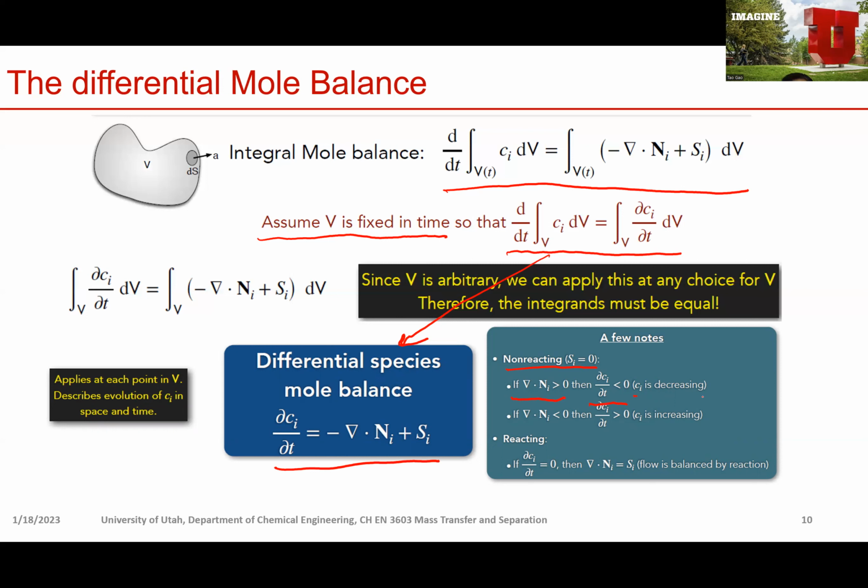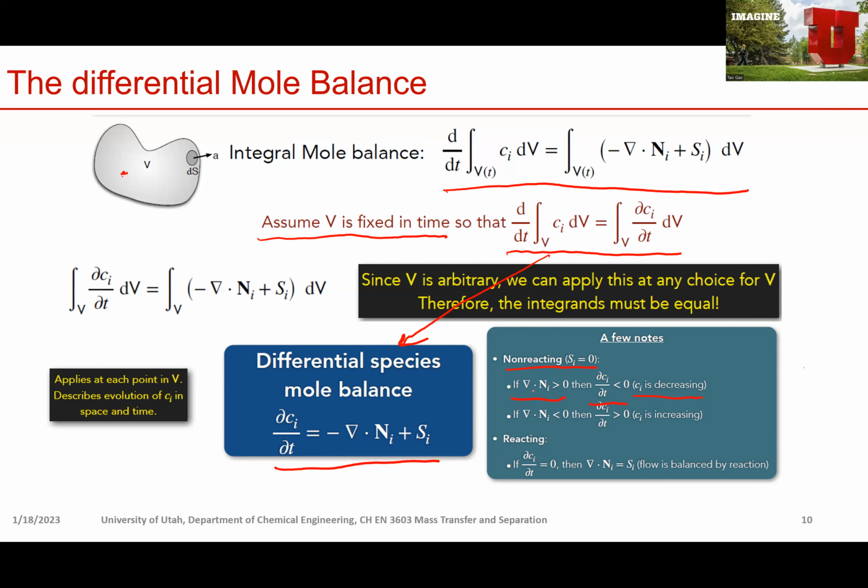What does it mean? We can apply this equation to any point in this control volume, and if at that particular point the divergence term is positive, conceptually divergence means net outward flow.